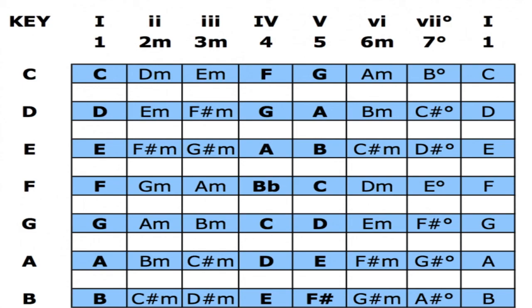That's why it's so useful, because it's so universal through all keys. If I'm in A sharp and I say go to the 2, that would be C minor. If I say go to the 3, that would be D minor.